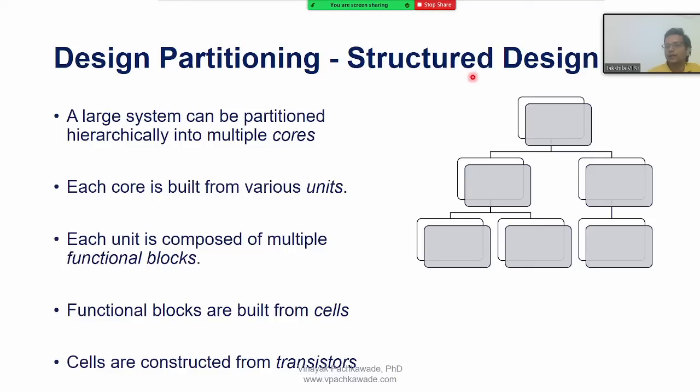That's the structure that gives you an understanding of the complete system, which is systematically structured into multiple cores, hierarchically arranged into multiple functional blocks, hierarchically arranged into multiple cells, and into multiple transistors.